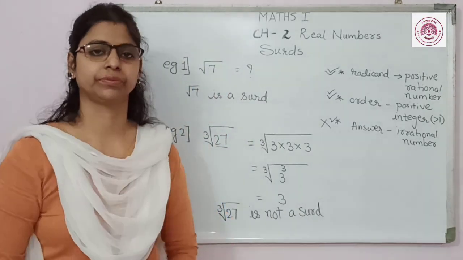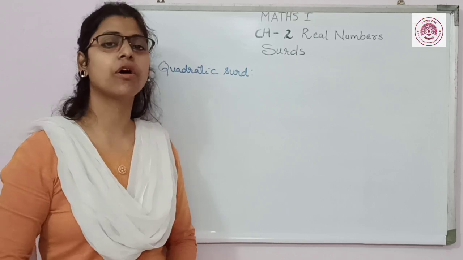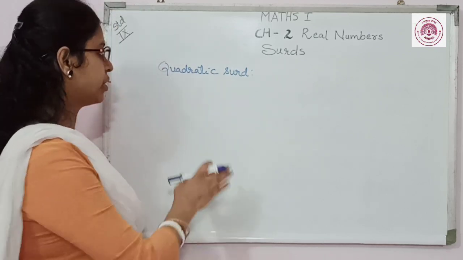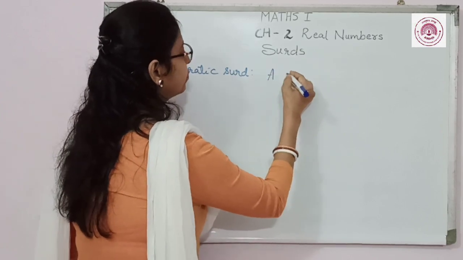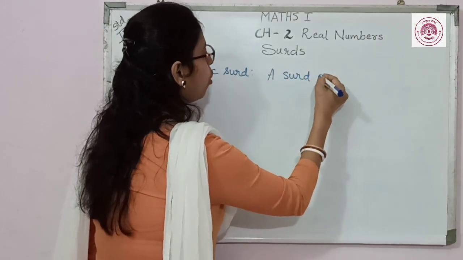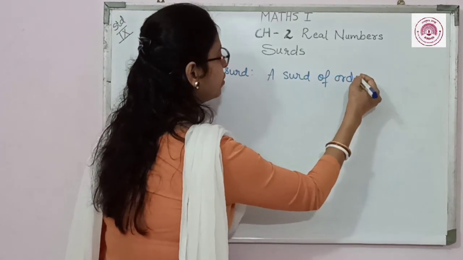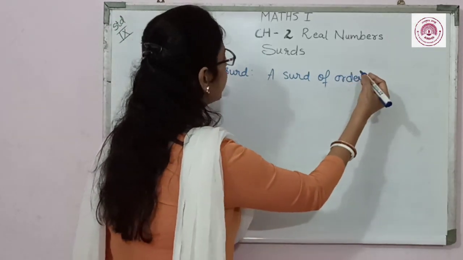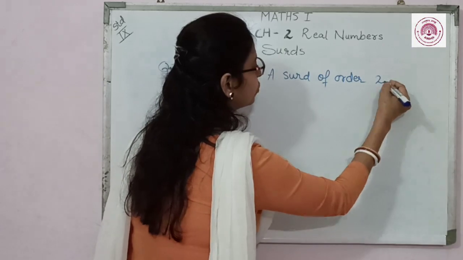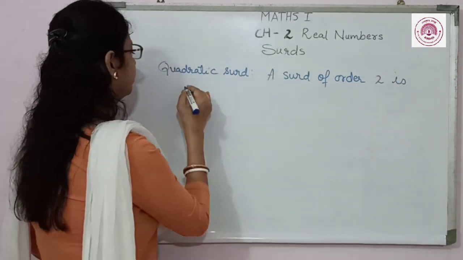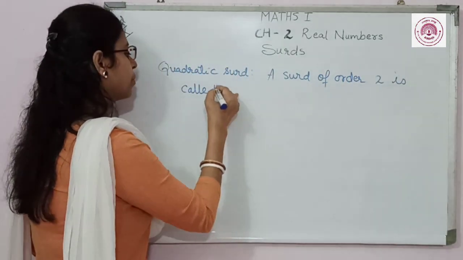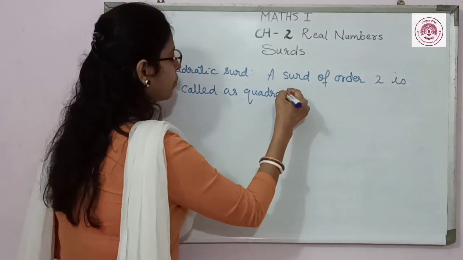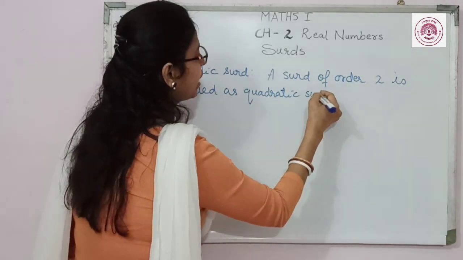Okay, now a surd of order 2 is called a quadratic surd. So here, a surd of order n, that means if the value of n is 2, then it is called a quadratic surd.